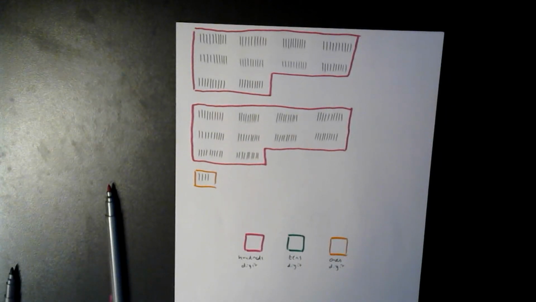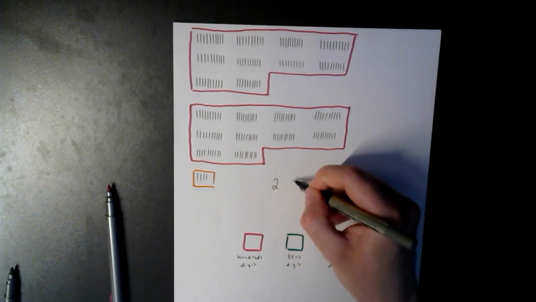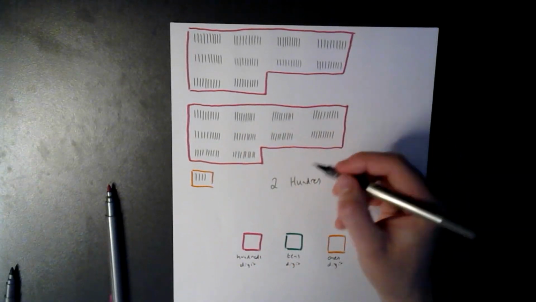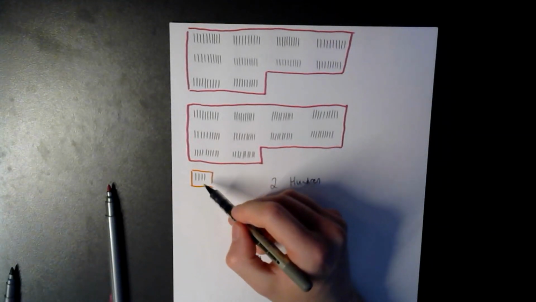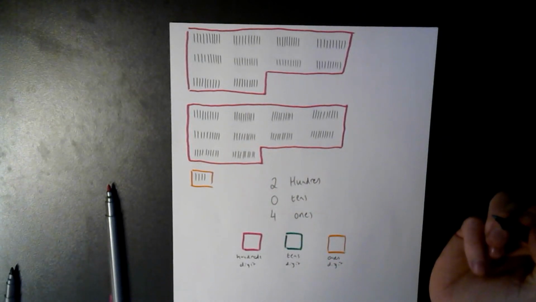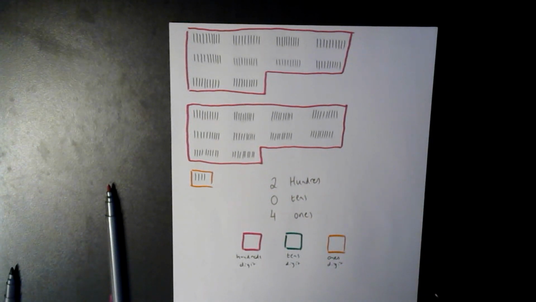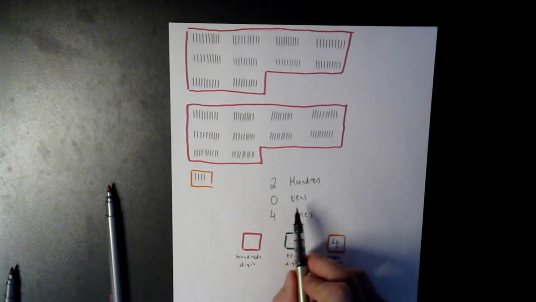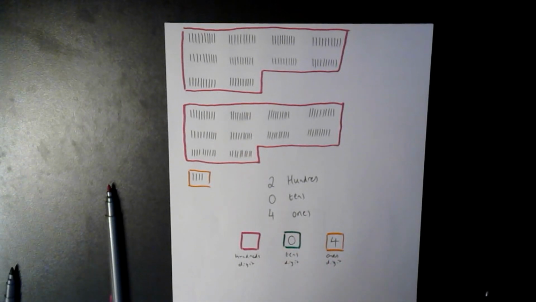So what did we have? We had 2 hundreds. There's nothing in green, so there's 0 tens, and then there's 1, 2, 3, 4 ones. So here we have 4 is the ones digit, so that means 4 goes in the right box. 0 is the tens digit, so 0 goes in this middle green box.